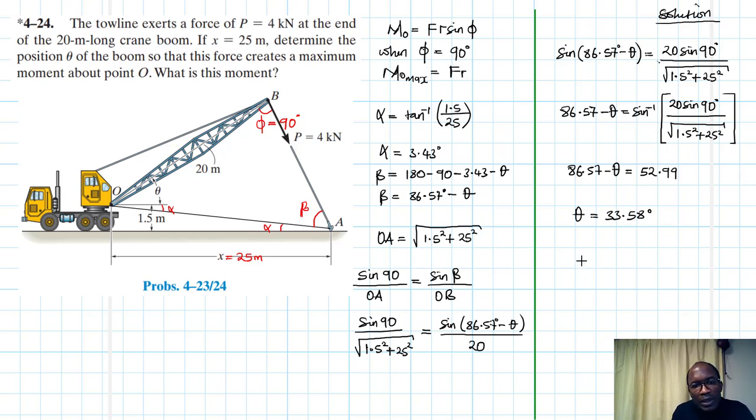And then we know the moment. Let's find the moment. We said the equation is equal to FR, where F is equal to 4 kilonewtons and R is equal to 20 meters. Therefore, 4 times 20 is just 80 kilonewton meters, and this is clockwise.